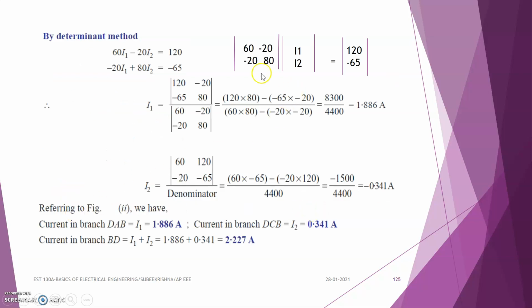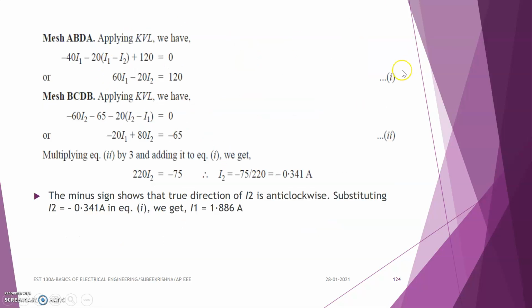The same problem can be done with the help of the determinant method. For the determinant method, we take these two mesh equations: 60 I1 minus 20 I2 is equal to 120, which is the first mesh equation, and second, minus 20 I1 plus 80 I2 is equal to minus 65.